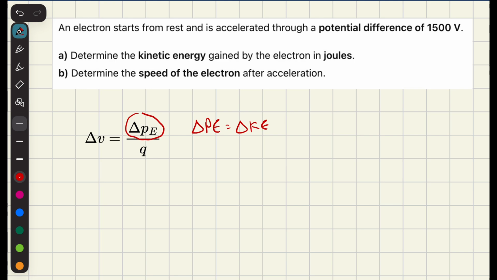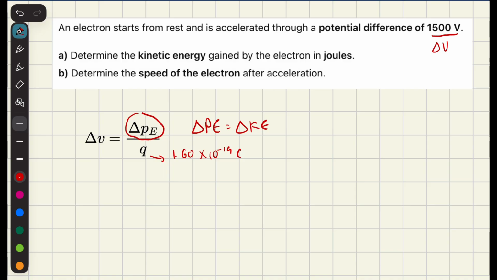So for that part, since the potential difference here, which is our change in V, is 1500, and we know that the charge of the electron is 1.60 times 10 to the negative 19, we can easily get our change in energy, which again, the change in potential energy is going to be a change in kinetic energy.